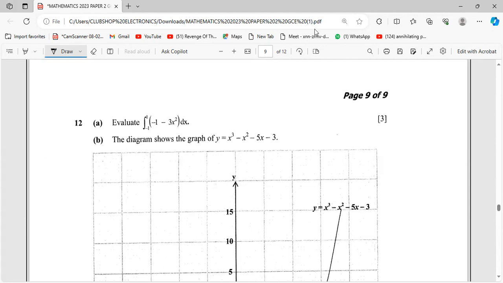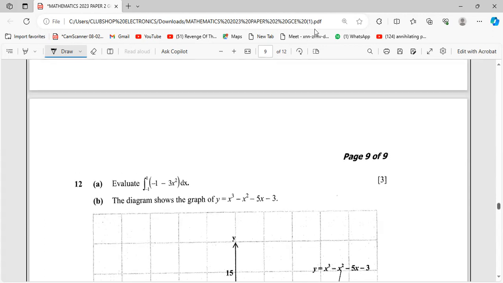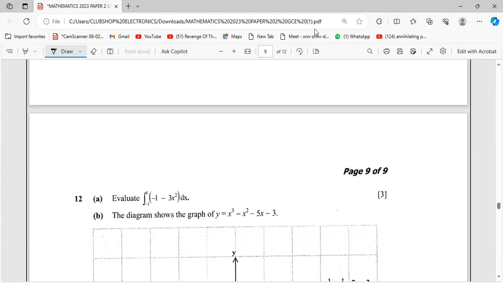I was trying to see if I could get a better paper, but that one is not very clear.